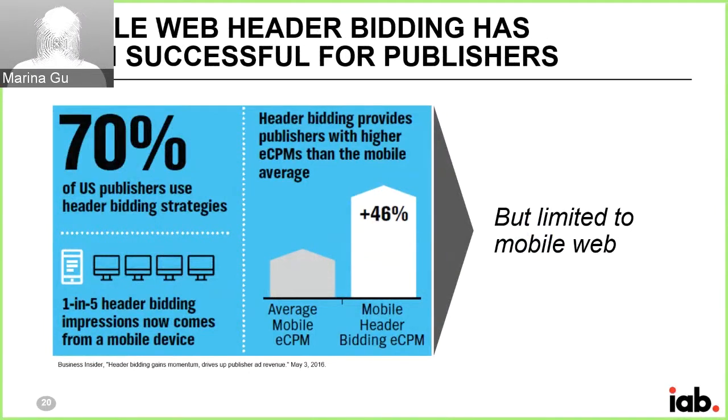And it's really because of this yield benefit that we see, so that 30 to 60% benefit. And primarily, again, we've seen that adoption happen in the desktop environment, even though only 1 in 5 impressions are coming through header bidding, which obviously doesn't even reflect the total mind share of users.